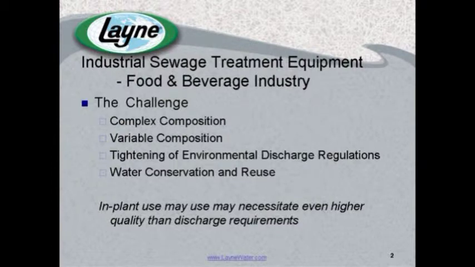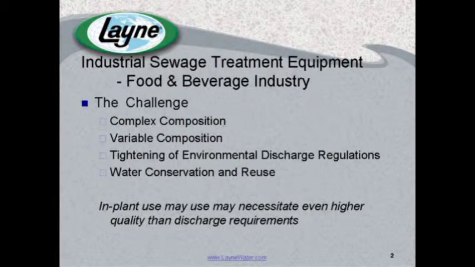So what are some of the challenges in the food industry that make it so difficult? Well, let's talk about three things. It's a pretty complex waste stream. The composition of the waste stream can vary markedly from day to day, especially if we're having any type of upset conditions. If things go awry in the plant, they will trickle down through to waste streams.